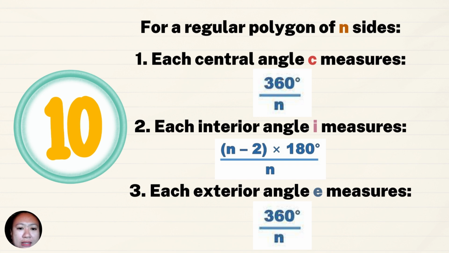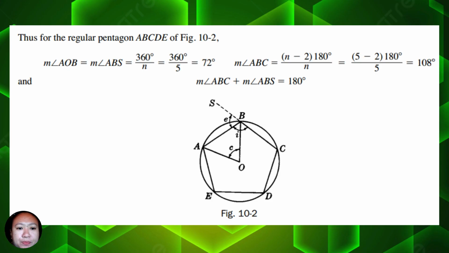Take note that the central angle and the exterior angle have the same measure. These are the formulas to find the measures of each of the angles of a regular polygon.